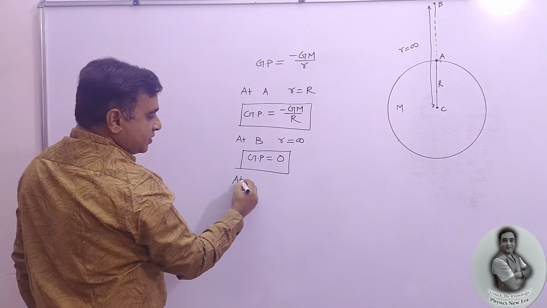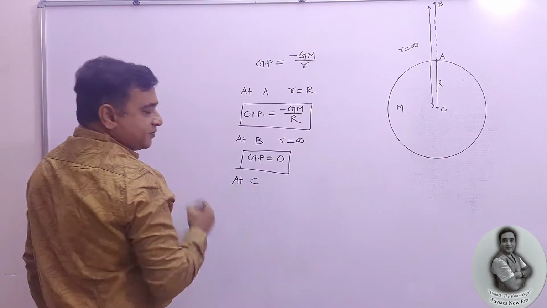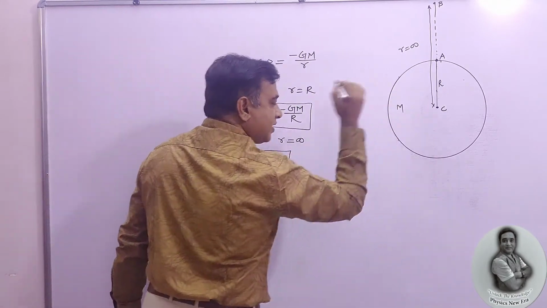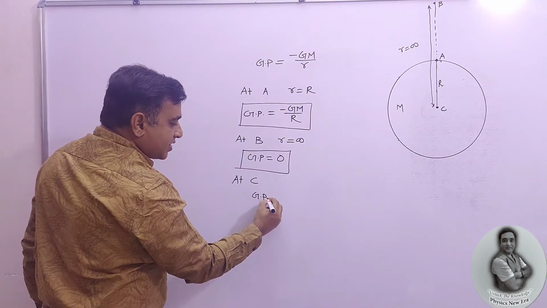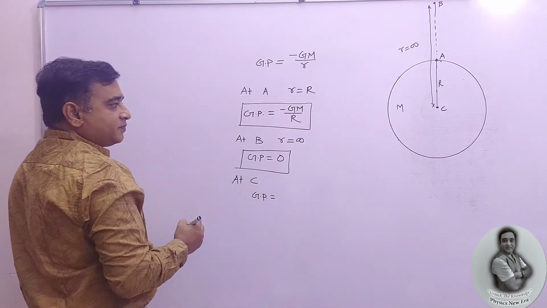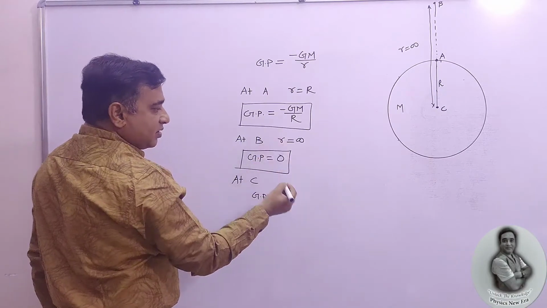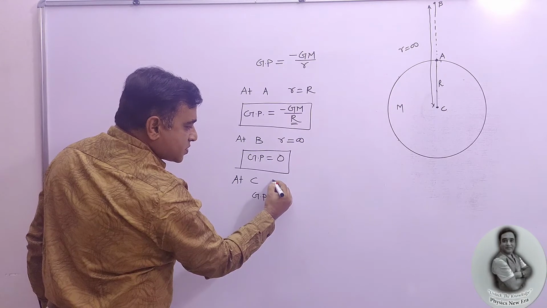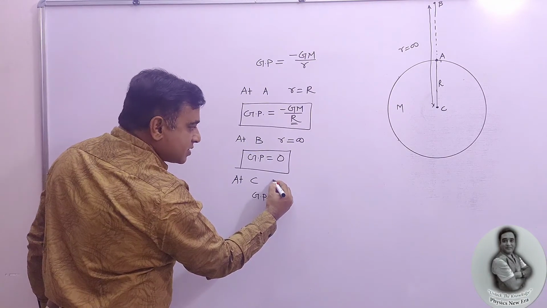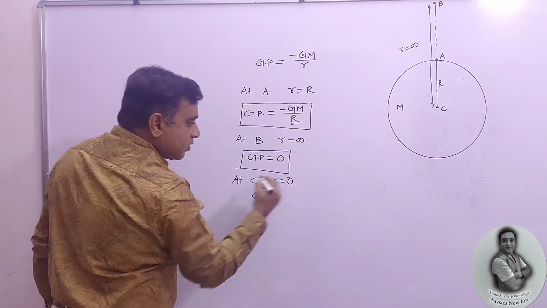Now at C, at the center. At the center, gravitational potential is given by, see, at the center, here what is the R value? This small r, or that distance, is equal to 0.